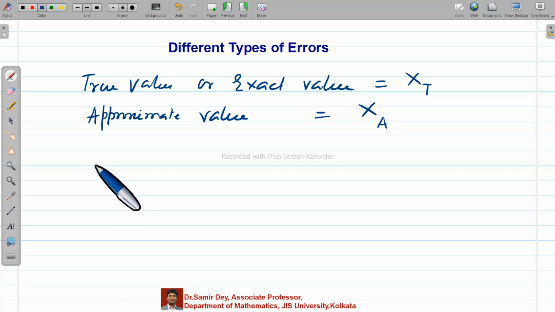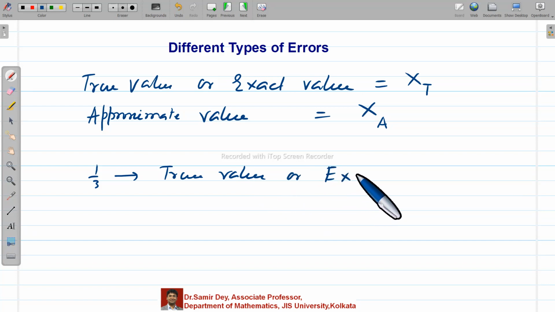Suppose we have 1 by 3. So this one is called the true value or exact value. Clear? 1 by 3 is the true value or exact value. Now when you divide it, that is 1 by 3, using a calculator your result will be a little bit different, maybe 0.3333 and continue.